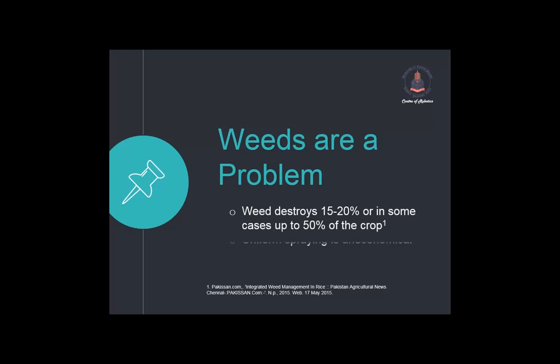So we have this problem that uniform spraying is uneconomical. It is very costly. The companies would like to sell as much herbicide as possible to the farmer, thereby increasing its cost. And the control period of weeds is the first 40 to 50 days in wheat and rice crops.